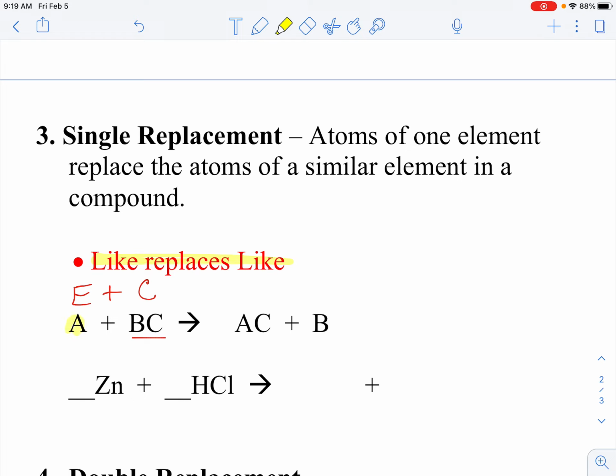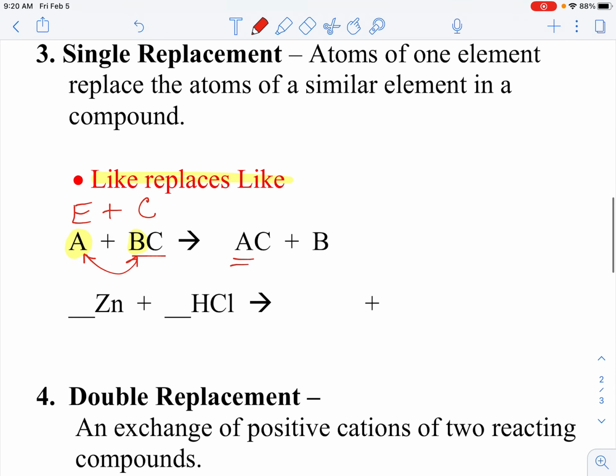So, for example, if element A by itself is a metal or a cation, it would replace the cation in this compound, which is why if they switch places, you now see A is with C and B is by itself. Okay? So the cation would replace the cation if the cation is by itself, or the anion or nonmetal would replace the other nonmetal if it's by itself.